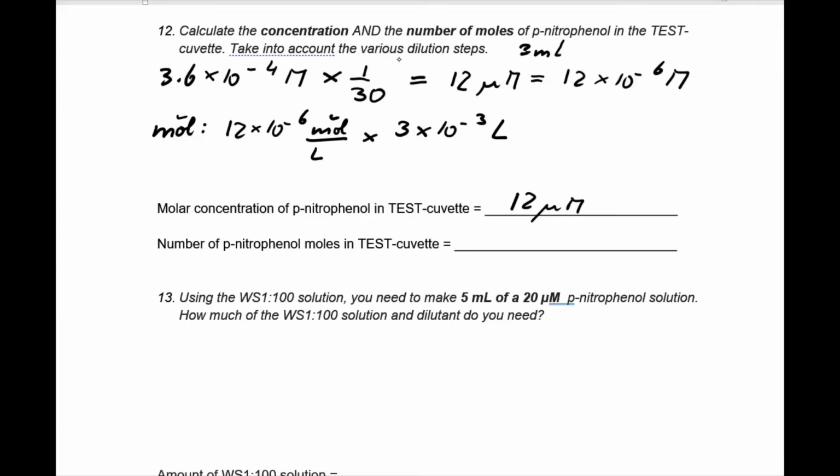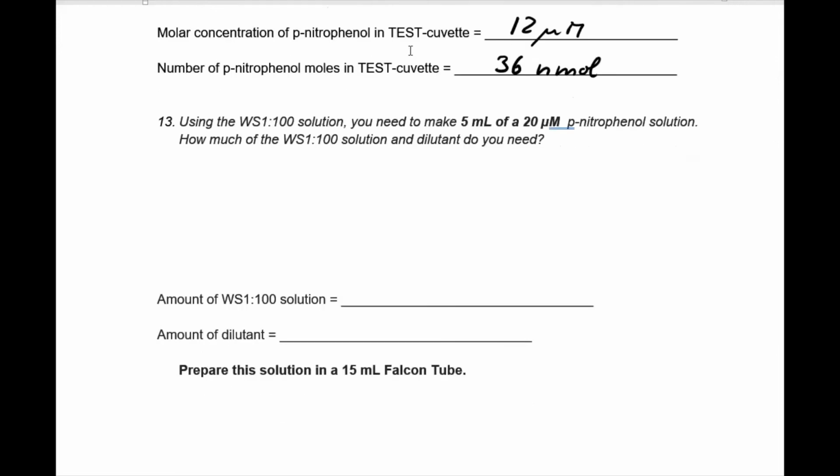And we need to make sure that we are in the right system here with liters and moles and so on and so forth. So the liter cancel out, and we have got 12 times 10 to the minus 6 times 3 times 10 to the minus 3. So that would give us 36 times 10 to the minus 9 mole, which of course we can also write as 36 nanomole for this step. Okay, so this is these calculations here.